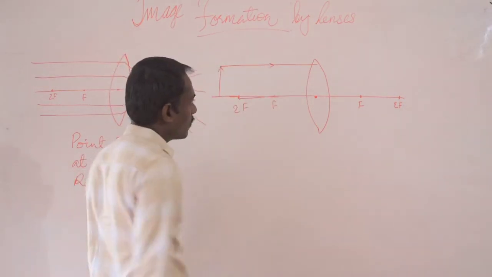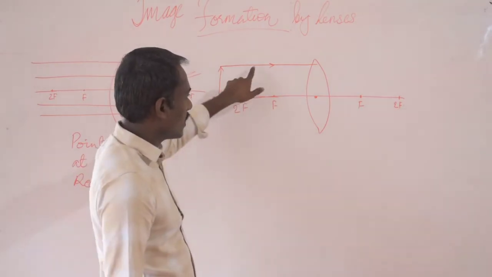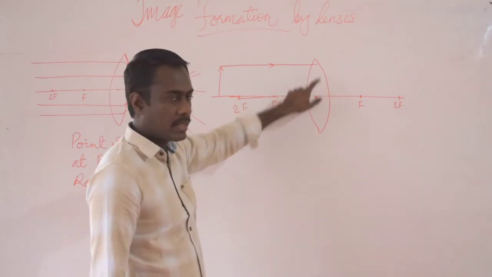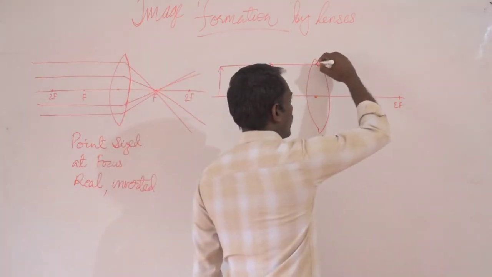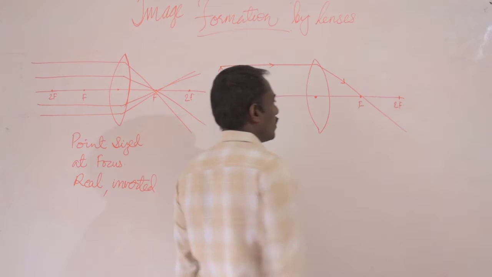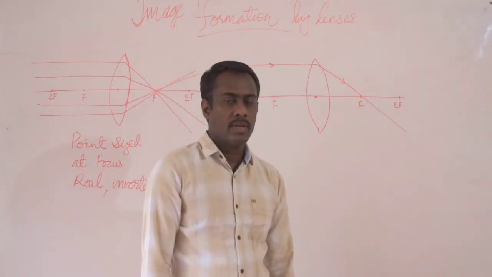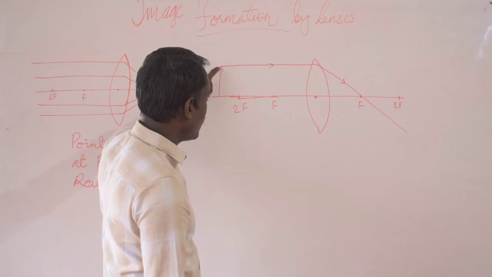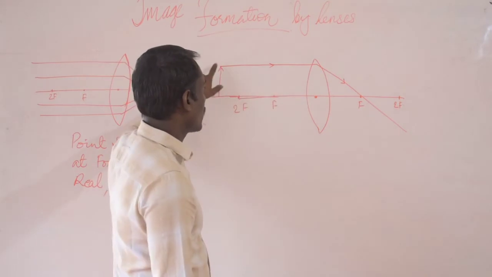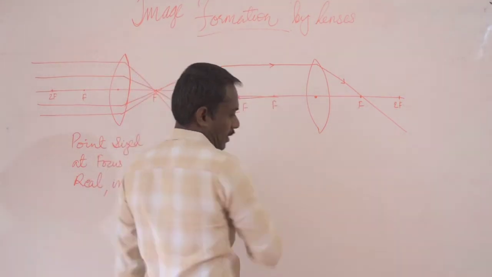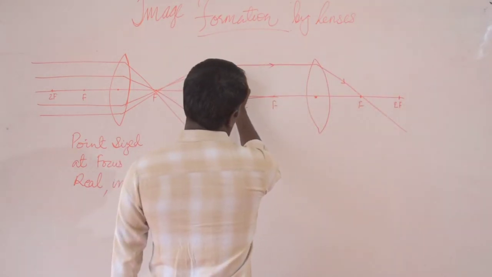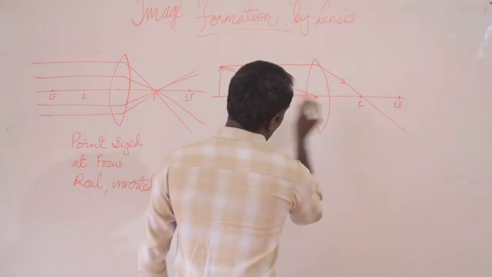So this is the direction of the incident ray. This is a ray of light which is parallel to the principal axis. The lens will refract the ray, and the refracted ray will pass through the principal focus of the lens. Then another ray of light we consider, from the same point, is one passing through the optical center of the lens.